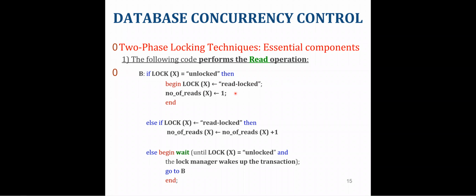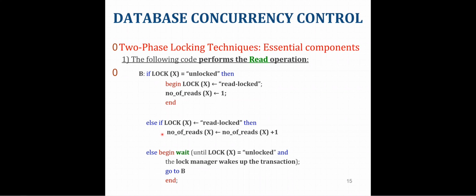And we will increase the number of transactions reading at the moment. I told you if we have 5 transactions that all want to read the data item, that's doable because all of them will read and then execute. After they finish reading, they will leave and unlock the item. So I want to keep track of how many transactions are reading a data item concurrently or simultaneously. And that will be the end.